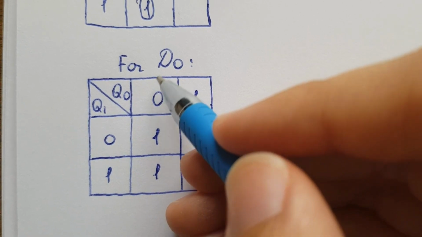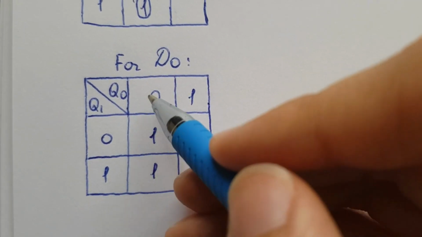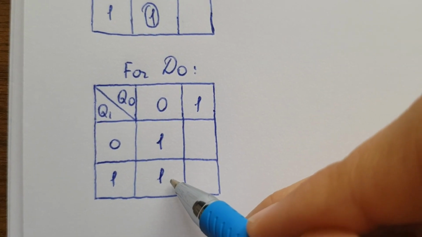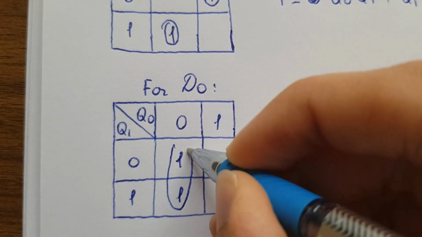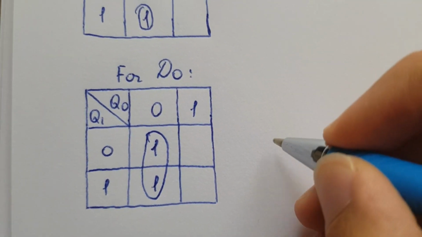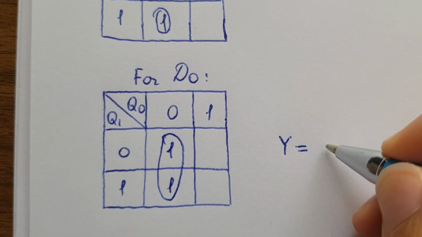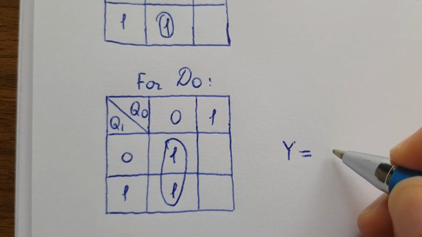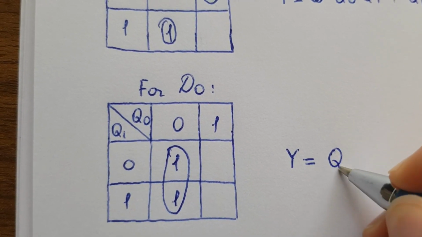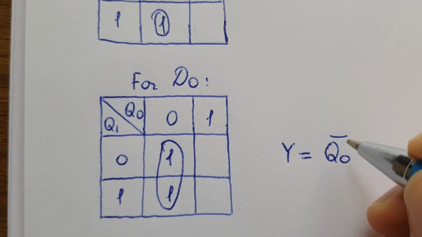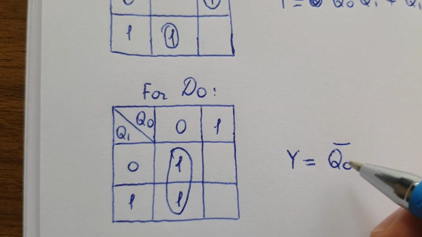Q1 is 0, Q0 is 0, D0 is 1, and Q1 is 1, Q0 is 0, D0 is 1. So we group these two together, and we get the logical expression D0 equals Q0 inverse.